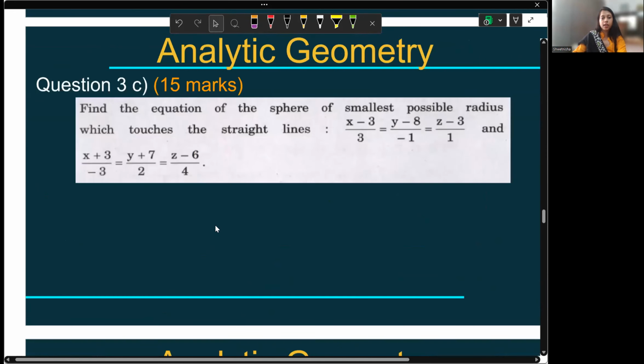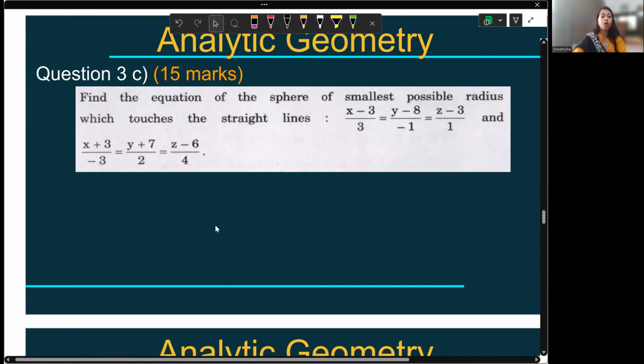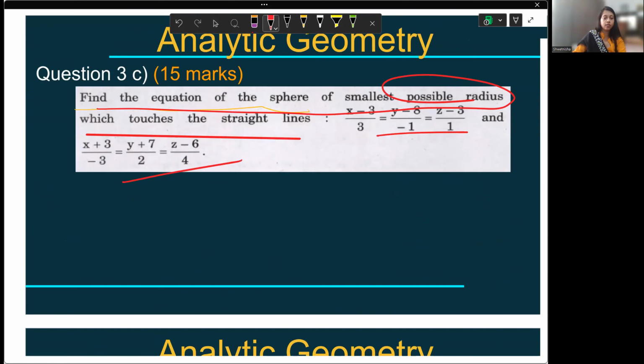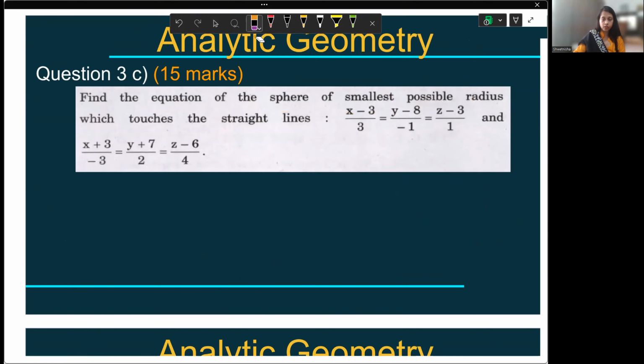Next, we have this third question of 15 marks. Let's see. Find the equation of a sphere of smallest possible radius which touches the straight line this and this. Okay, so we have two straight lines here. Let's say this is one line and this is the other, right? So what will be that sphere?